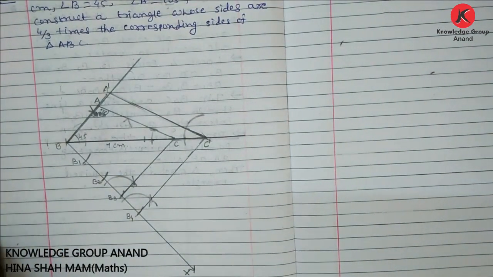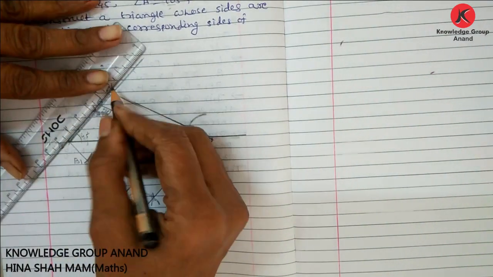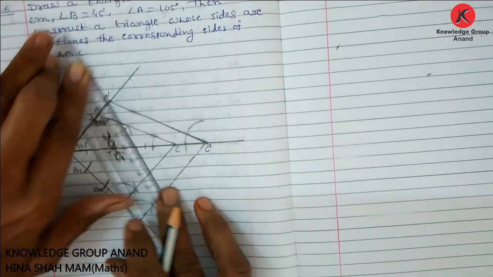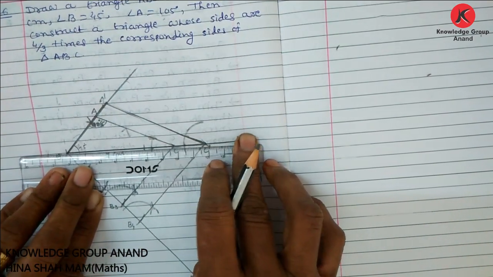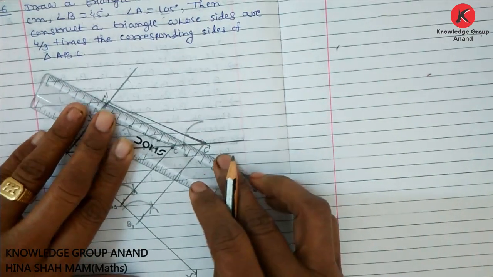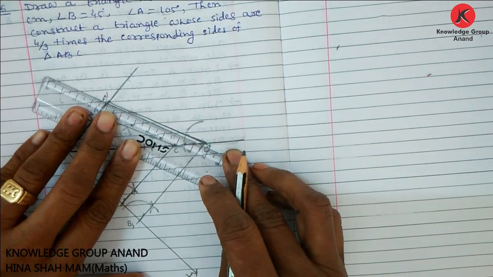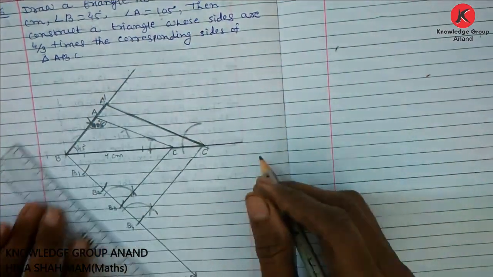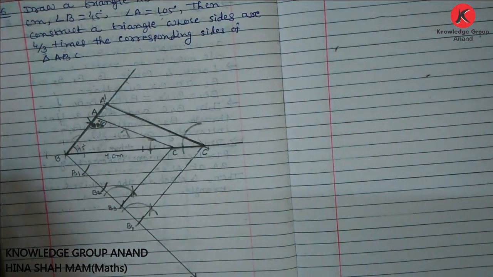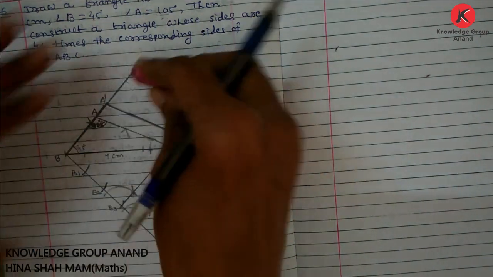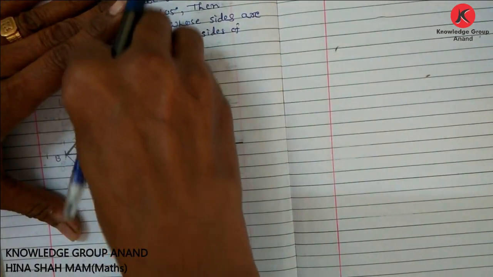Now highlight our triangle A dash B C dash, which is our required triangle. Now, steps of construction.